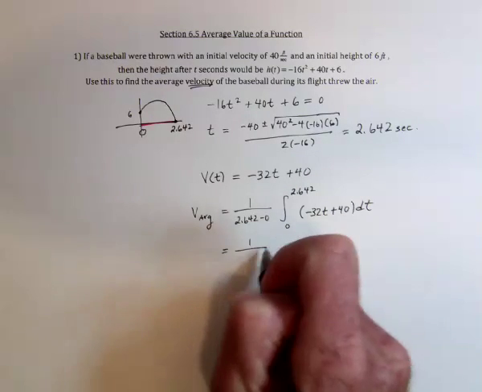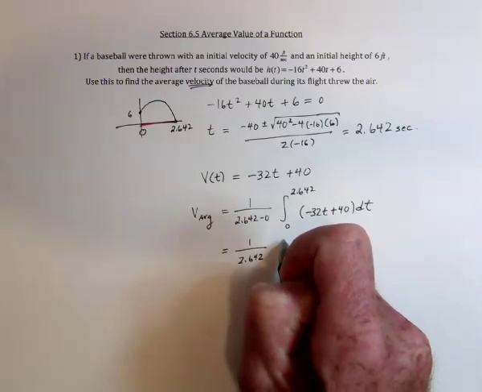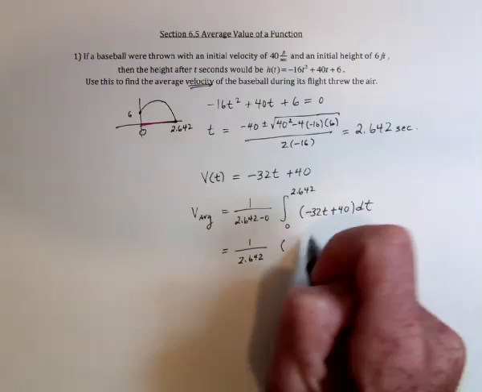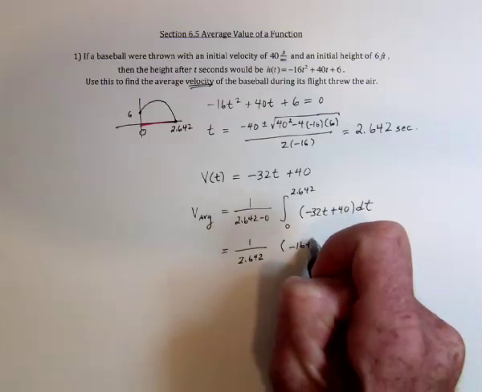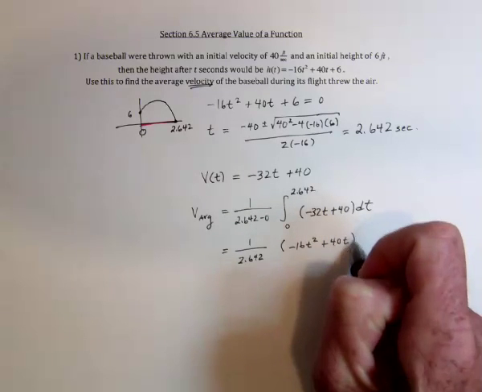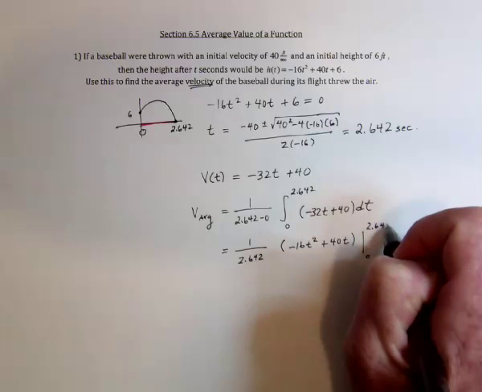So I'll have 1 over 2.642, and then when you integrate this, it's going to be, this is t squared over 2, and then this would be 40t. So evaluate that from 0 to 2.642.